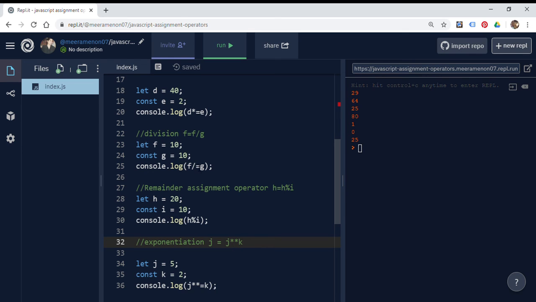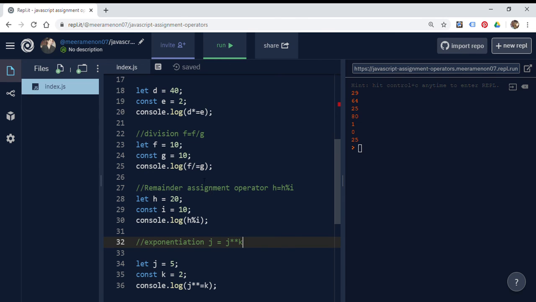Here you're doing a division. Earlier it was subtraction, addition, multiplication, etc. So this was j, the left operand. You are subjecting it to the power of k.